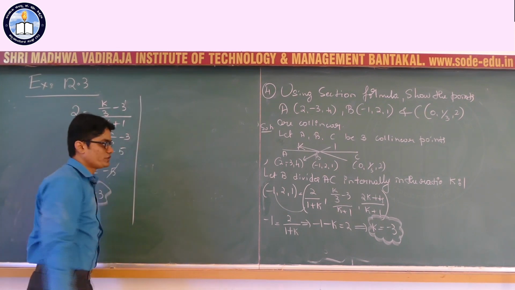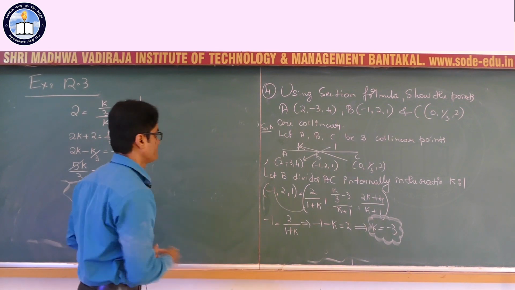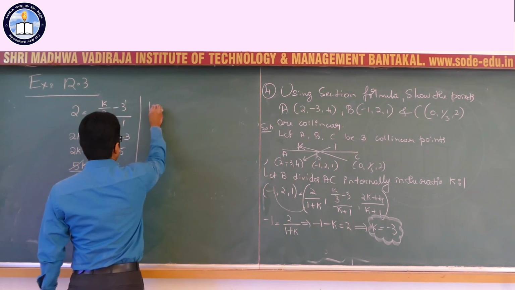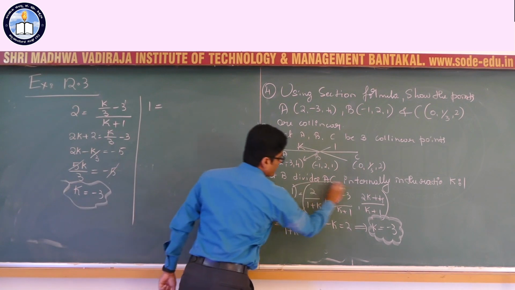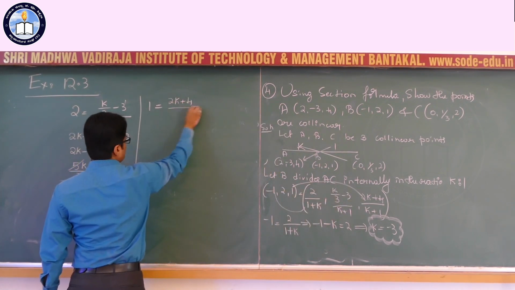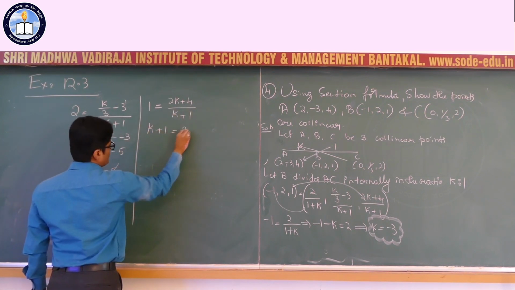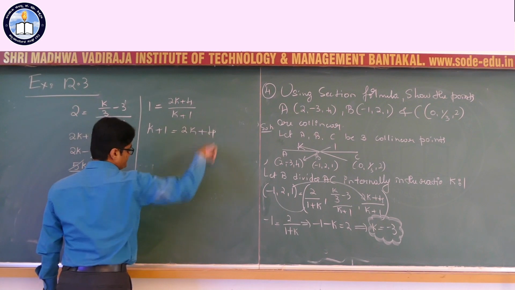The last case: if you get k equal to minus 3 here, you can write that our assumption is perfect. Now, what is the last case? Equate the last coordinate, 1, with 2k plus 4 by k plus 1. So, k plus 1 is equal to 2k plus 4.